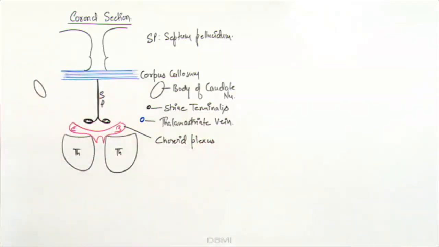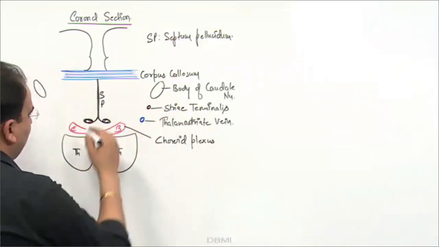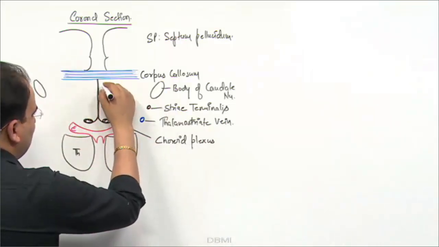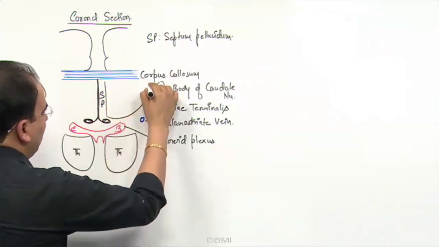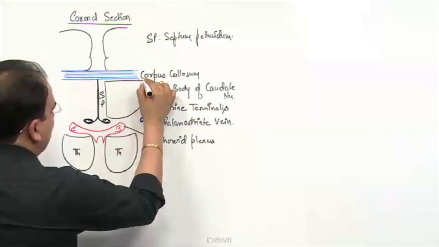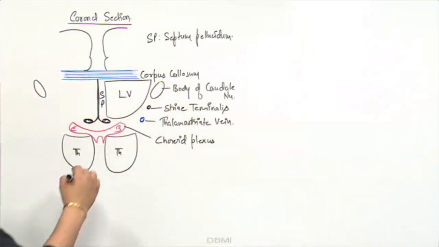So guys, this is the lateral ventricle here. I'm just drawing it on this side. The lateral ventricle has a medial wall. This is the medial wall of the lateral ventricle. This whole thing is the floor of the lateral ventricle, and this is the roof of the lateral ventricle. And this is the third ventricle we have here.